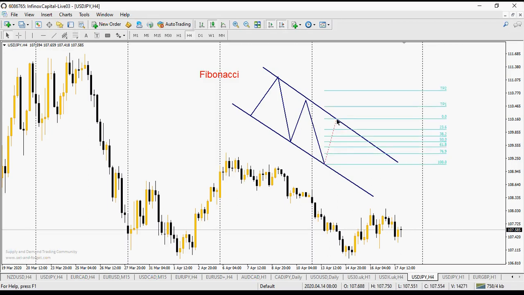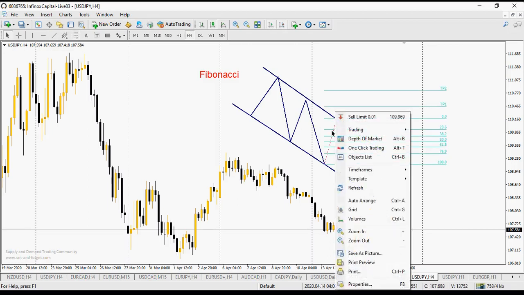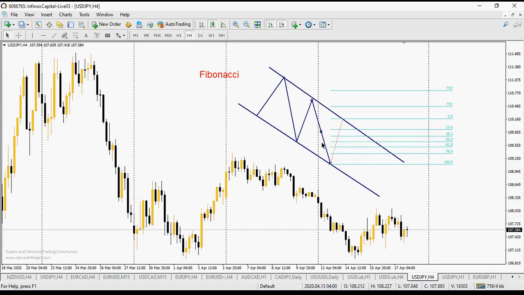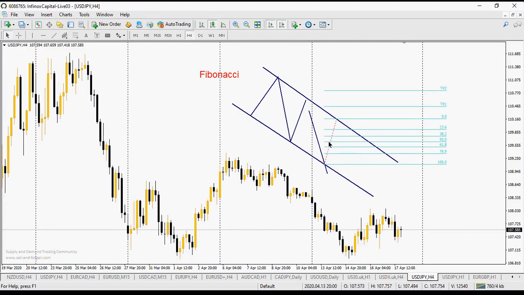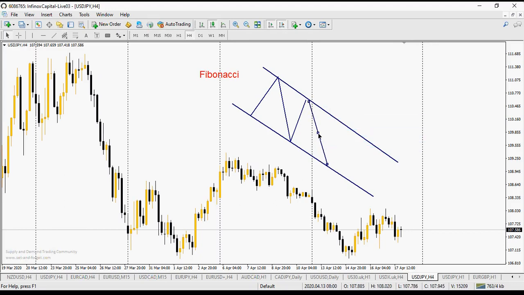Please, it's very important to follow me. Lower high and then lower low.